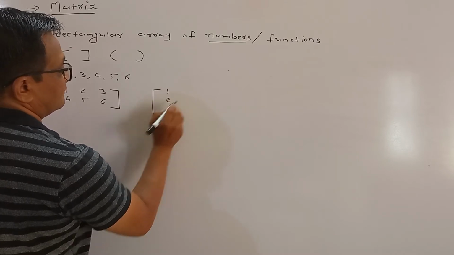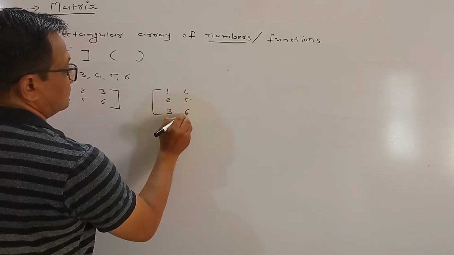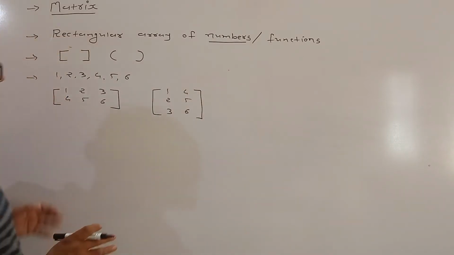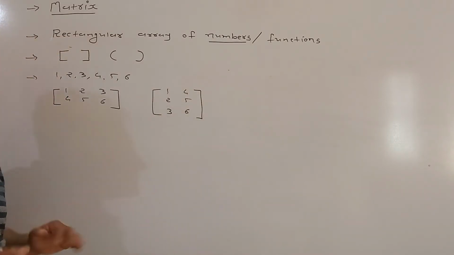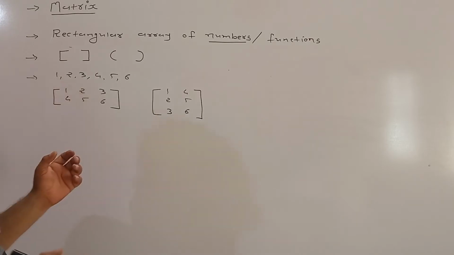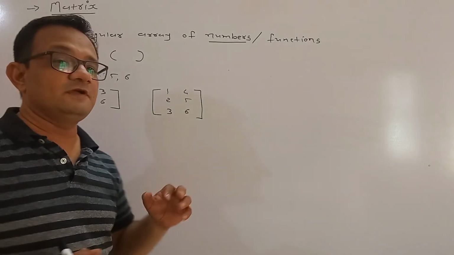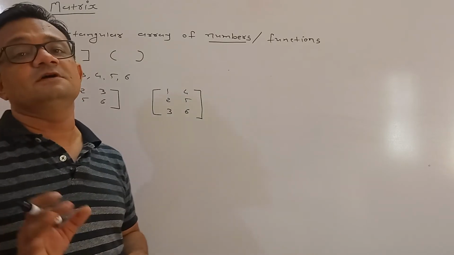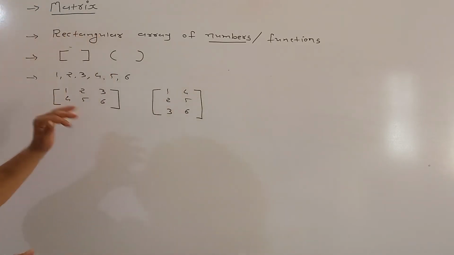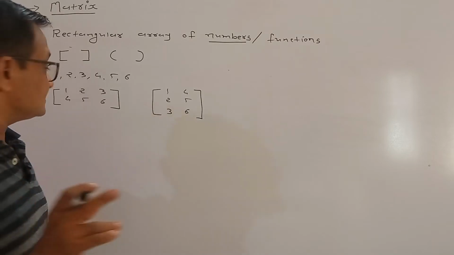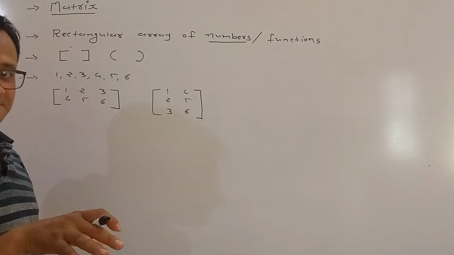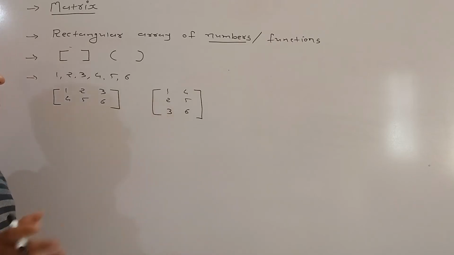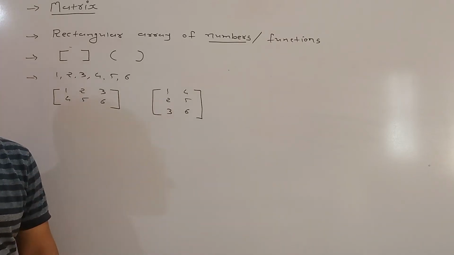I can also write it in the other bracket. All numbers 1, 2, 3, 4, 5, 6 are real numbers, and we can say that they are elements or entries of the matrix, the particular matrix that has been given to you.